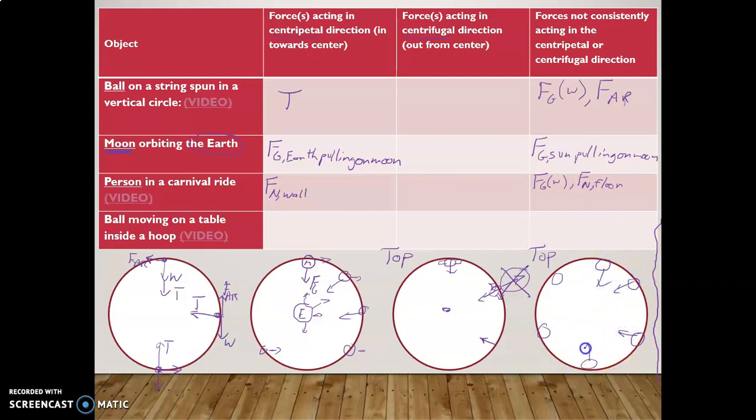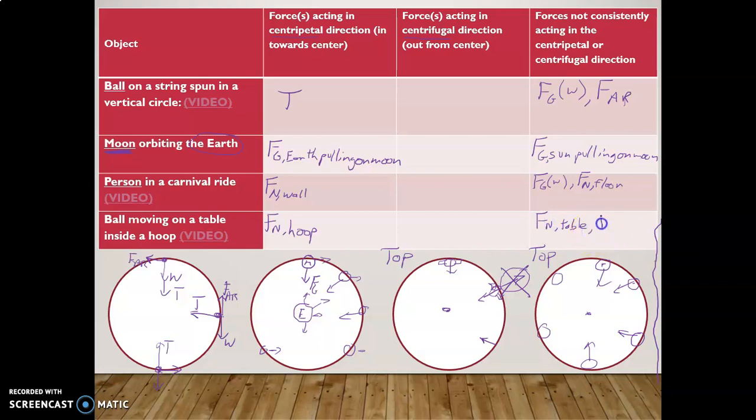And so this is very similar to our last one. This is the normal force from the hoop. There's also a normal force from the table, and that's coming straight out at us, which is not in towards the center and not out from the center. So the normal force from the table is neither one.